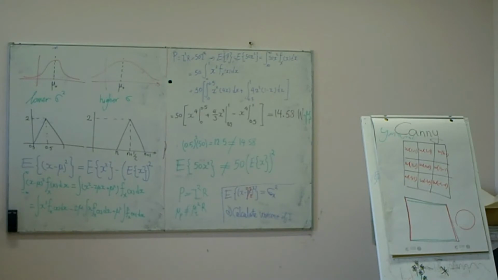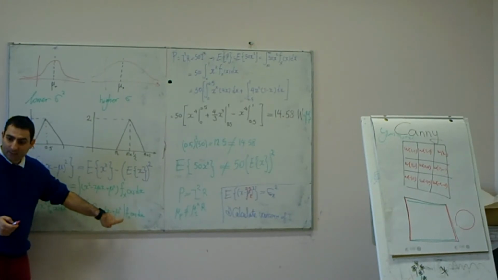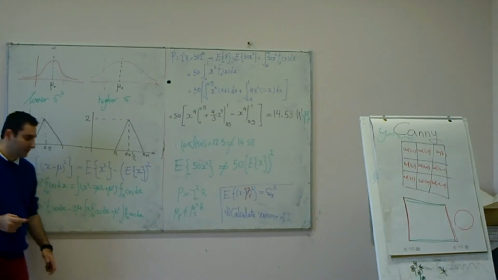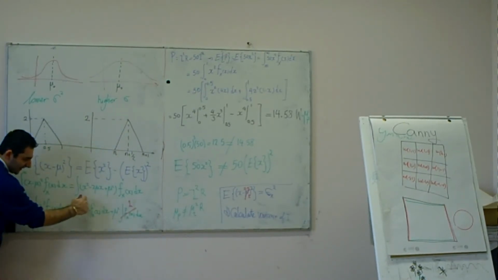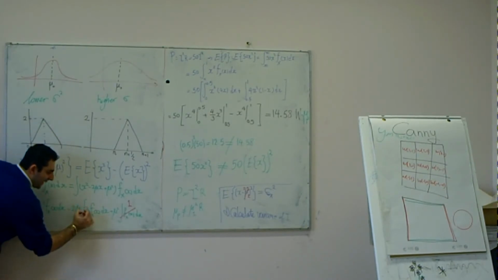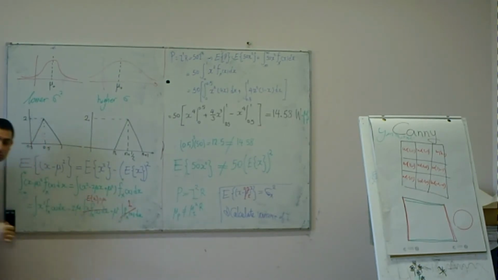Now, what is the integral from minus infinity to plus infinity of f_X(x) dx? This is 1. What is the integral of x f_X(x) dx? This is the expected value of x, which is mu.